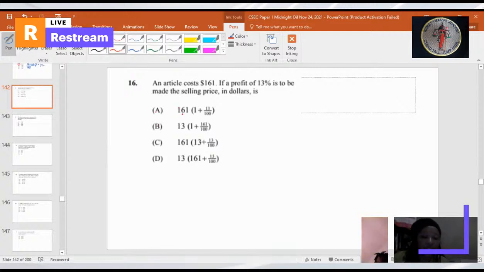Yeah, the 161 times 1, which would be the full cost of it, plus the 161 times 13%, 13% of the 161. So this is the whole and 13% of the whole. Okay? And that's a profit.